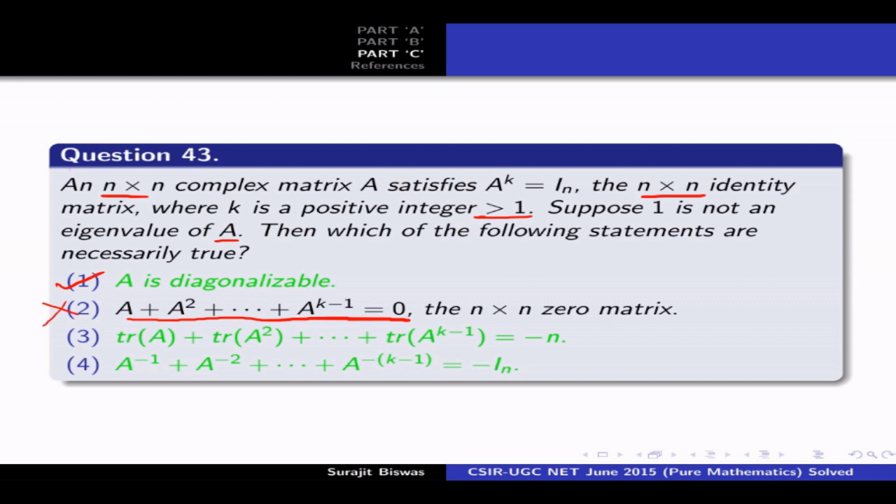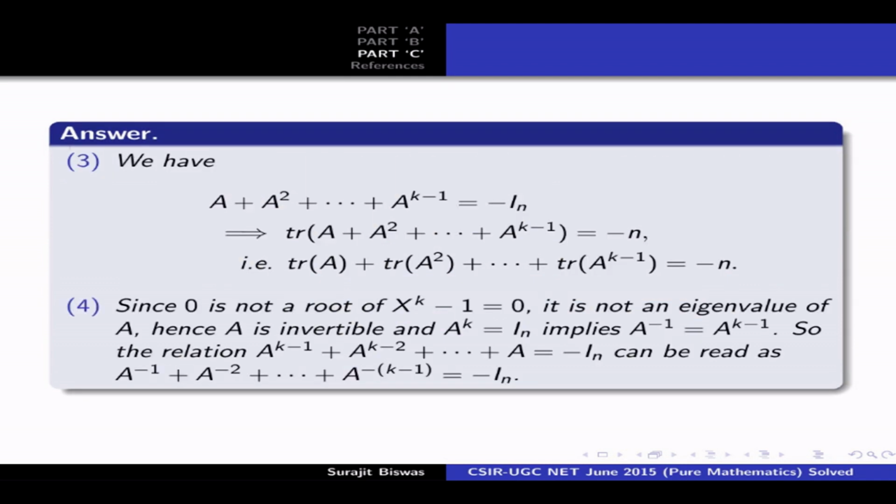And from this, we can take trace on both sides and see what the value of trace is. So we have A plus A square plus ... plus A to the power k minus 1 equal to minus In.